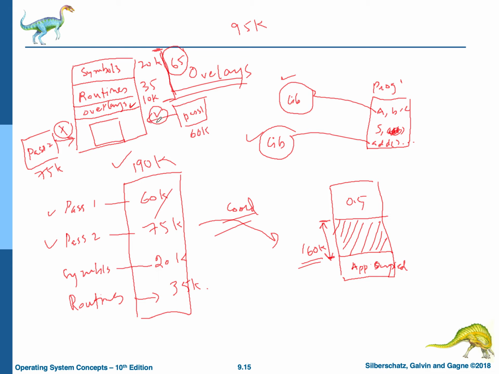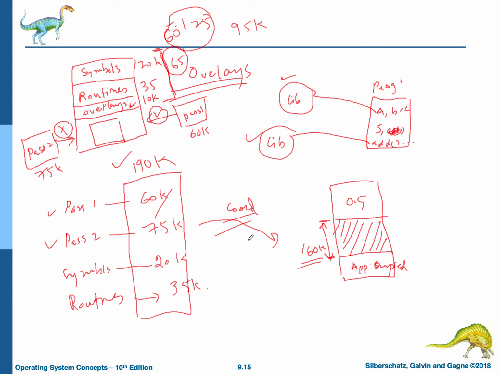Suppose pass 1 is allowed and pass 2 is blocked. Now 65 plus 60 equals 125. When pass 1 is running, we have only 125k under use in the main memory.